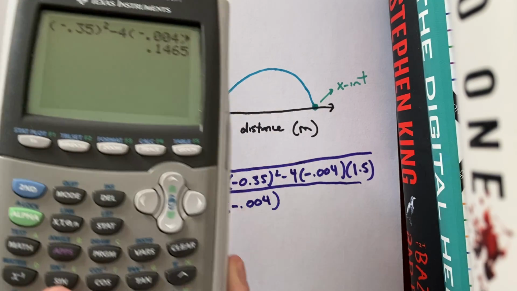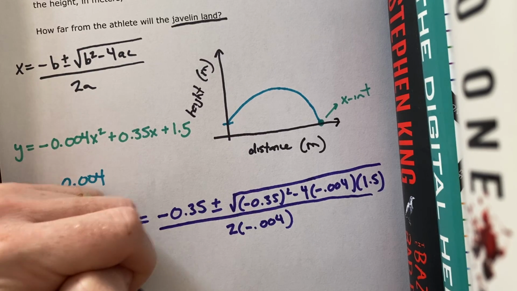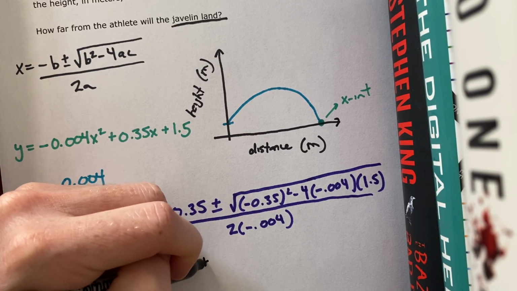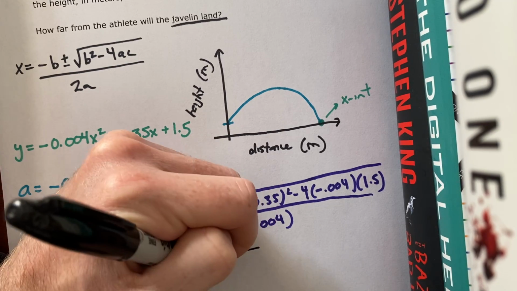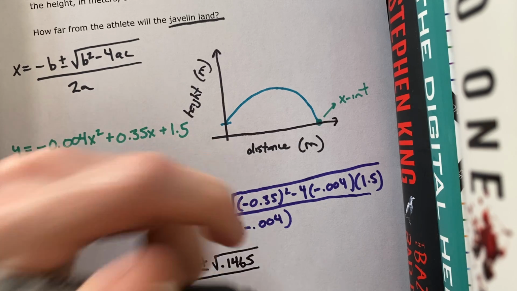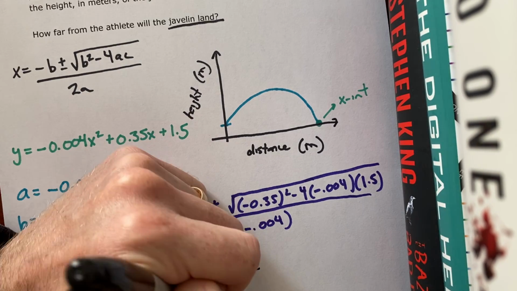So not super ugly, but also not great. But the calculator does all the work for us. So x equals negative 0.35 plus or minus the square root of 0.1465 all over, just to show you guys that you can do this in the calculator, 2 times negative 0.004 equals negative 0.008.